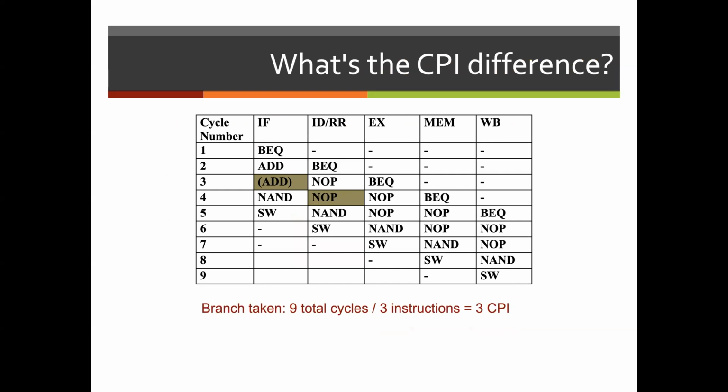And so with calculating the cycles per instruction difference, if we consider whether the branch is taken or not, we see that if the branch is taken, we have a total of 9 cycles for 3 instructions, and so our average CPI is going to be 3. If the branch is not taken, then our average CPI is going to be 2.66.